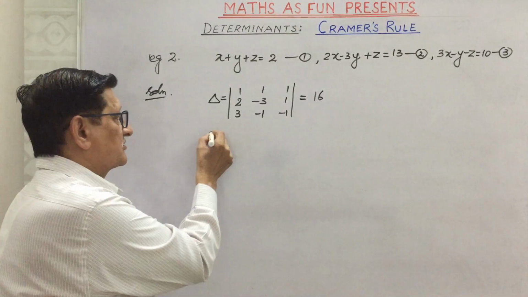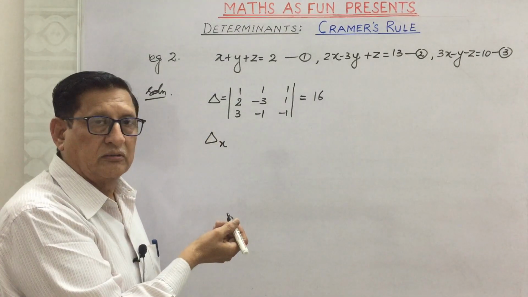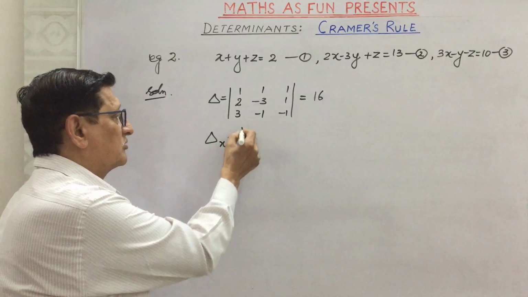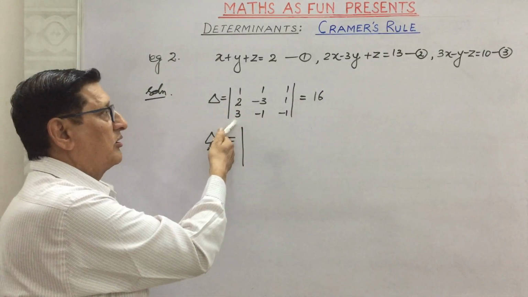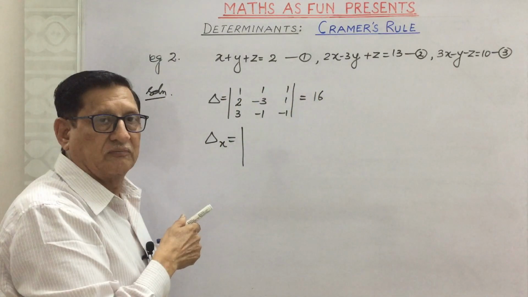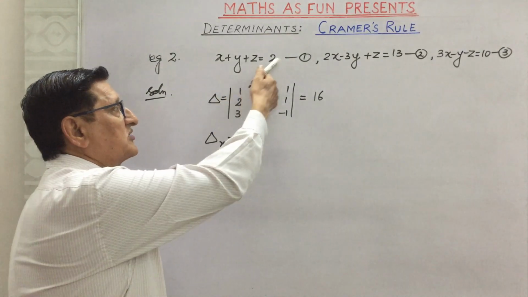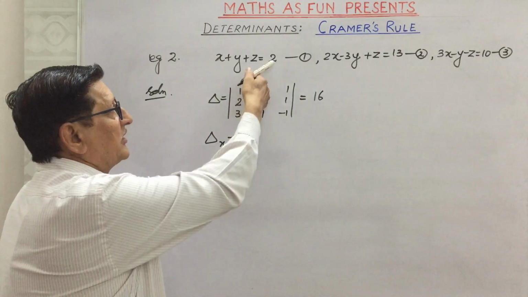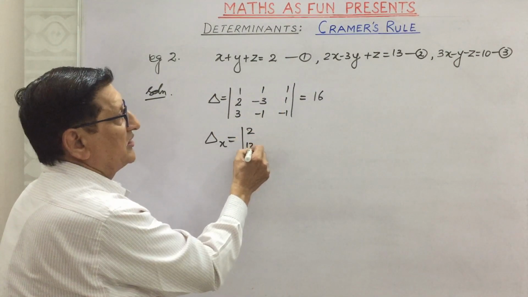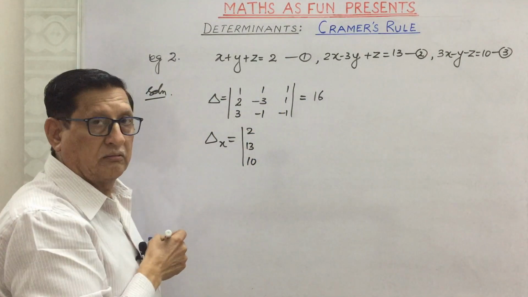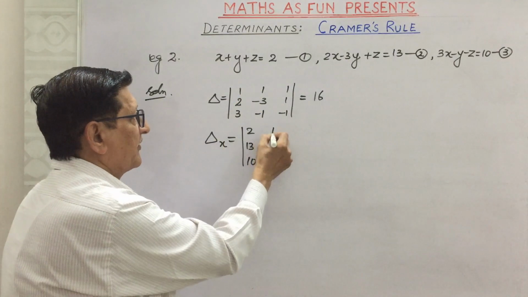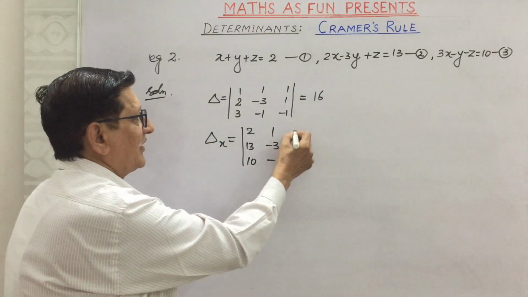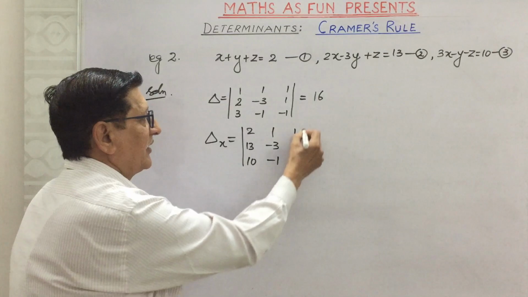Now delta x, or we say delta 1. Here, as I told you, we will replace the first column, the coefficients of x, by the constant terms. And here we get 2, 13 and 10. These are the same: 1, minus 3, minus 1, 1, 1, minus 1.